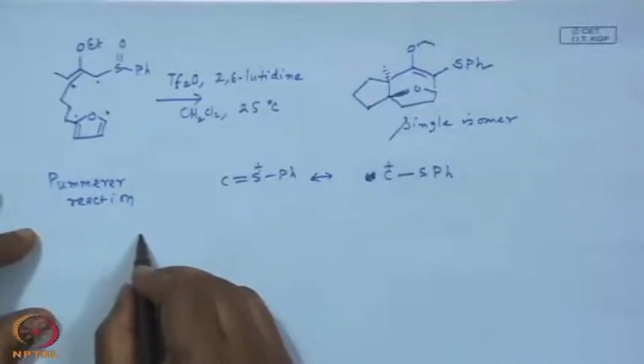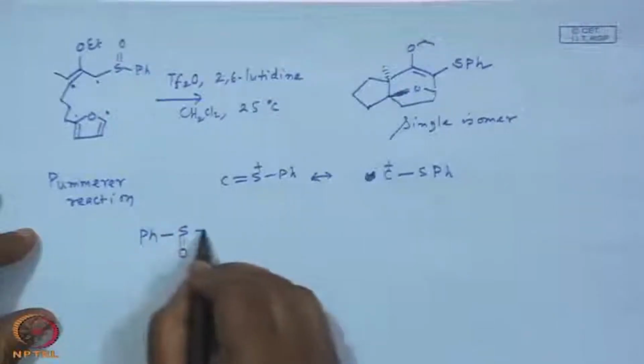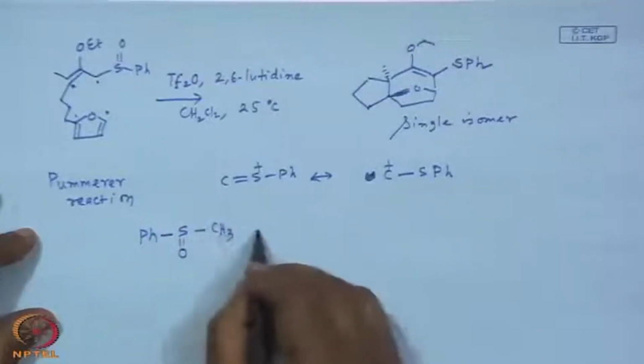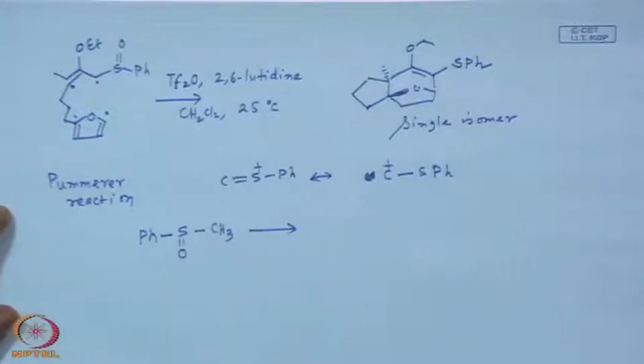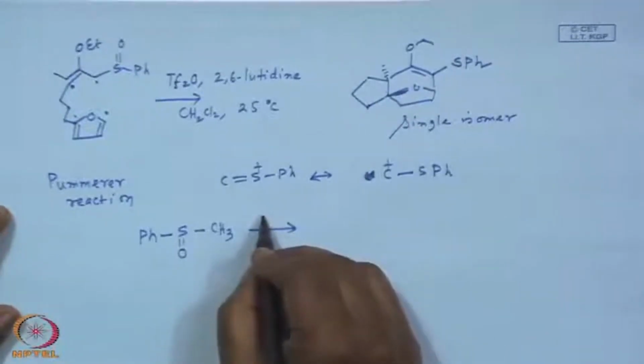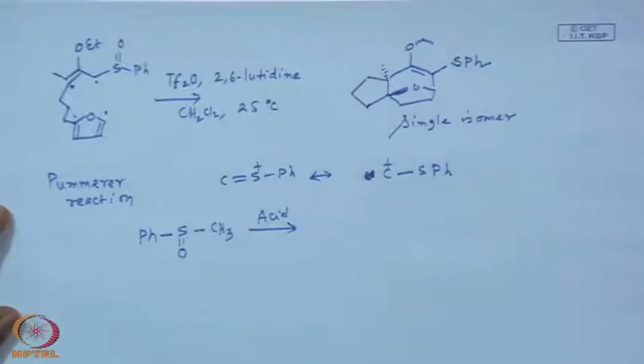The Pummerer rearrangement is nothing but, let us say, you begin with a sulfoxide with SPh and a CH3 up here, and just any acid, either Lewis acid or Bronsted acid, whatever acid you use. Even simple iodine sometimes works.